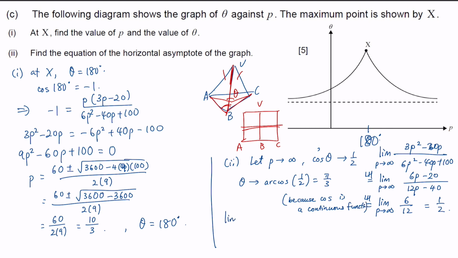The limit as P tends to infinity of cosine theta is the same as cosine of the limit as P tends to infinity of theta. This was our goal: we wanted to see what happens to theta as P tends to infinity, but all we had was an expression for cosine theta. Because cosine is continuous, these two limits are the same.